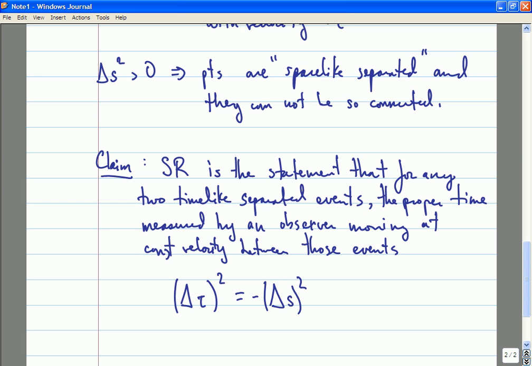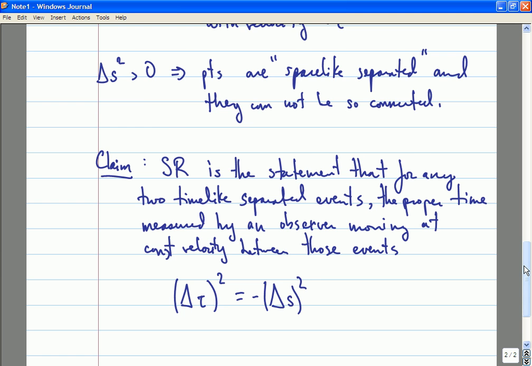Okay. So what I would like to do is just go ahead and unpack this statement for a few minutes and describe for you the manner in which this reproduces all of the funny effects of special relativity. Before I do so, let me pause and see if there are any questions. No questions. Okay.